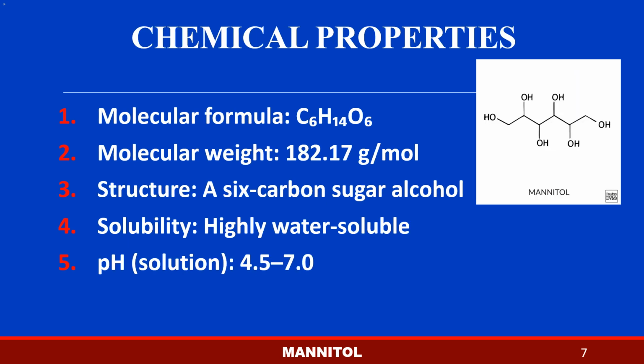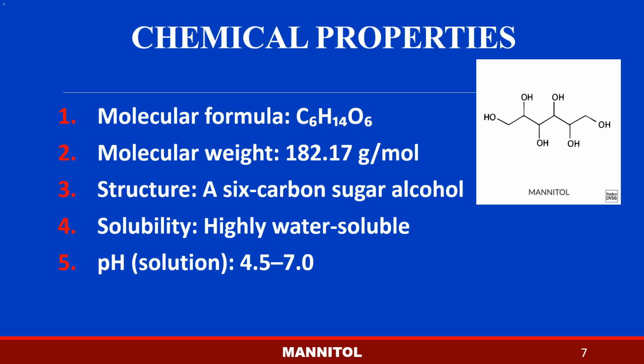Chemical properties of mannitol. 1. Molecular formula: C6H14O6. This shows mannitol is made of 6 carbon, 14 hydrogen, and 6 oxygen atoms. 2. Molecular weight: 182.17 grams per mole. This is the weight of one molecule of mannitol. 3.